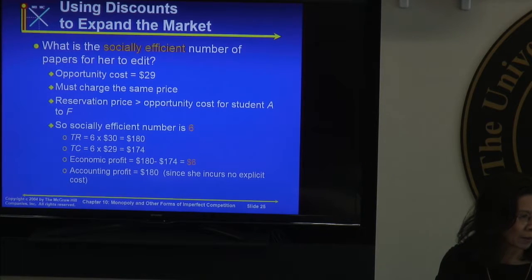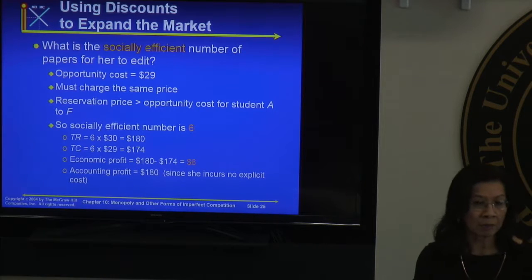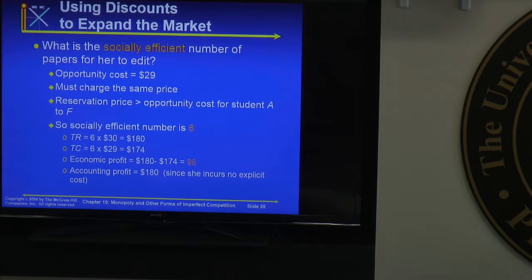So next case. The next case we want to look at is socially efficient. That's a criterion you use. The next one is called socially efficient solution, or perfect competition, basically, where you will go by P equals MC.